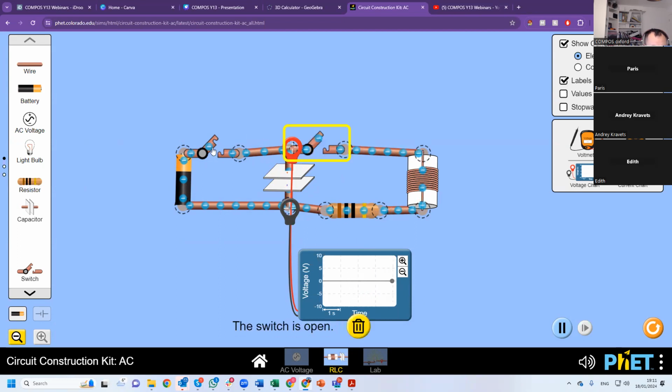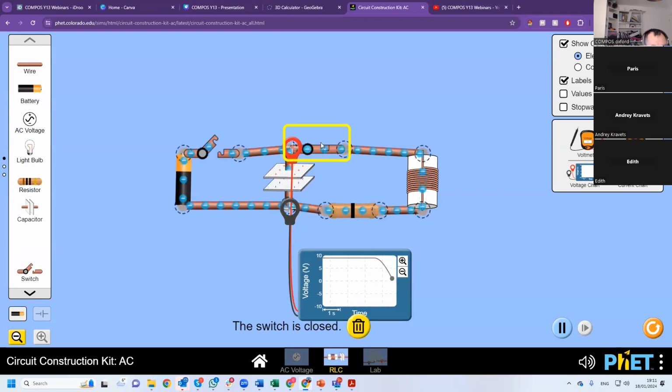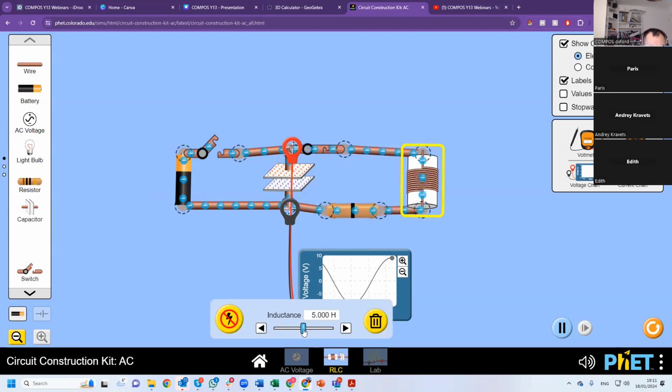So let's set the resistance to 0 and see what happens. Aha, sine wave. To my taste, I want a more pronounced wave with a lower frequency. To lower the frequency, I lower the inductance.